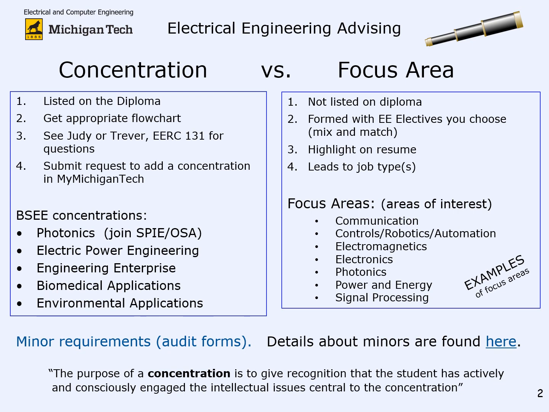So, what is the difference between a concentration and a minor? For a concentration, the coursework is related to the major and is included in the degree requirements within the 128 academic credits of the degree. The requirements of a concentration are defined by the department which offers the degree. A minor is typically from a different department and related to a different subject.